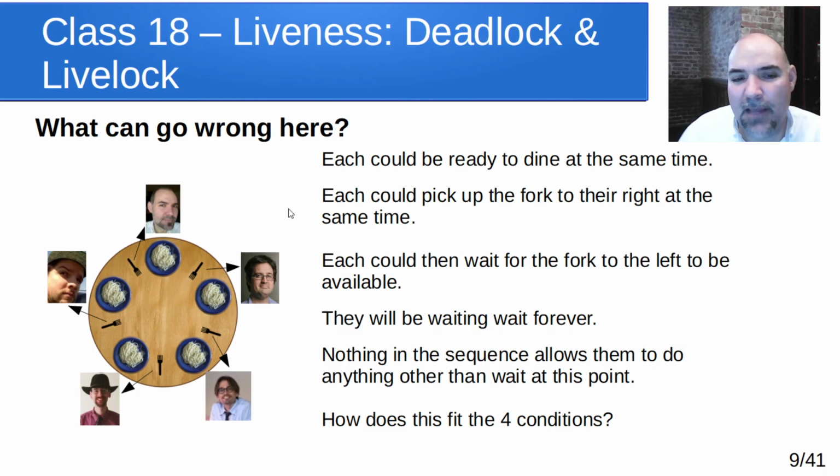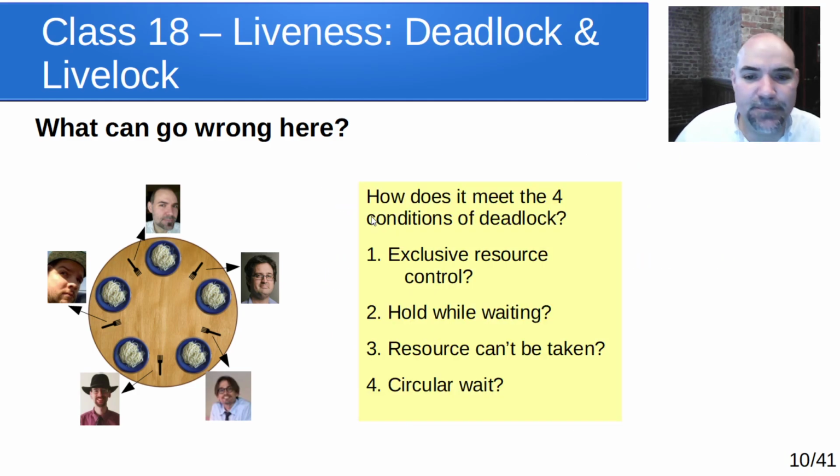And how does this fit the 4 conditions? Well, it should be pretty clear: exclusive control of a resource. Yes, they cannot share a fork. Once they have it in their hand, it's theirs to use until they're done with it. Do they hold it while waiting? According to our algorithm, they do. When they're waiting, they hold on to the one they already picked up. Resource can't be taken.